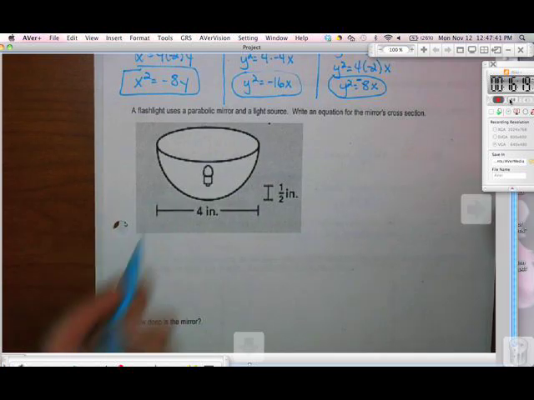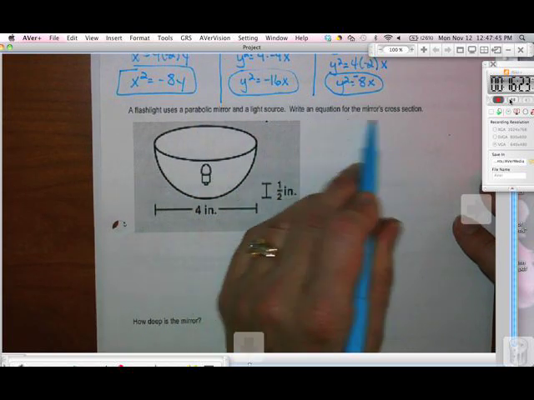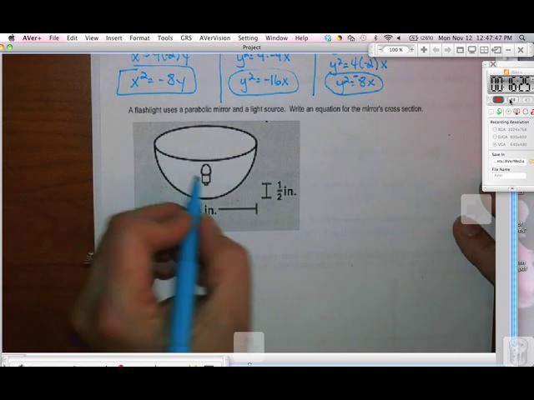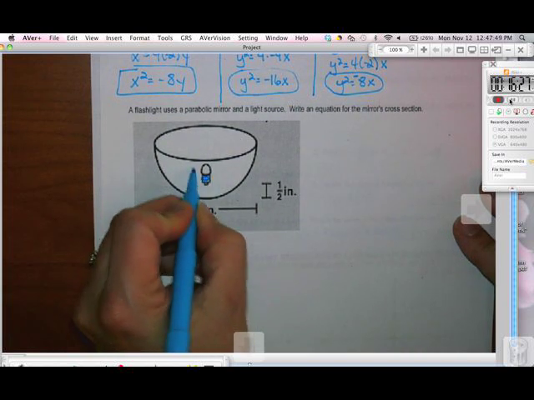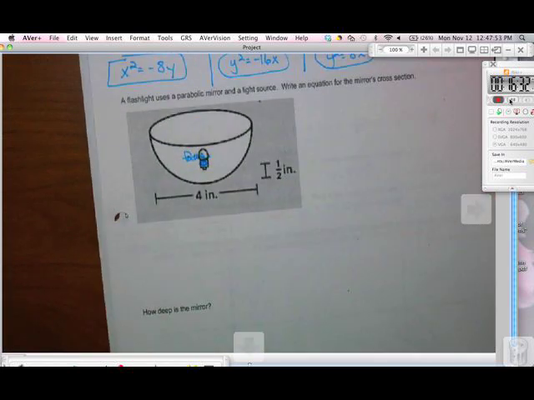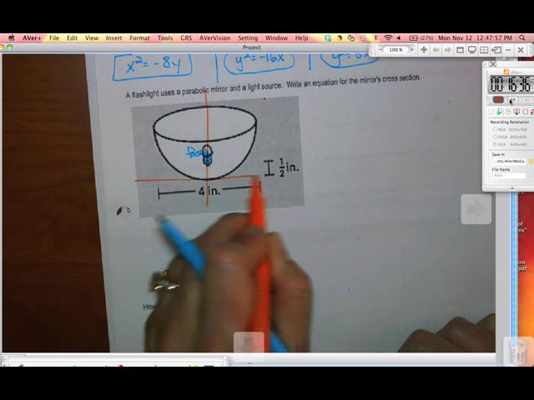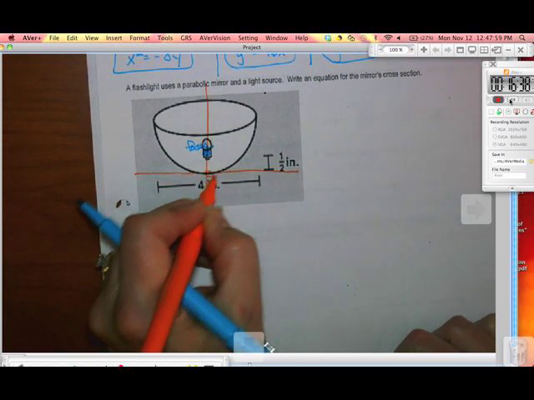Okay, here a flashlight uses a parabolic mirror and a light source. Write an equation for the mirror's cross section. So we kind of want to look at this as the focus. And here, if you think about it, here are your x and y axis, and this is 0, 0.